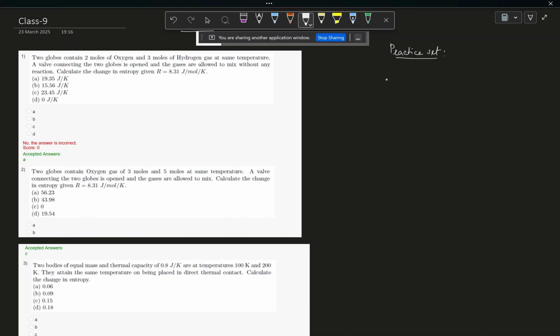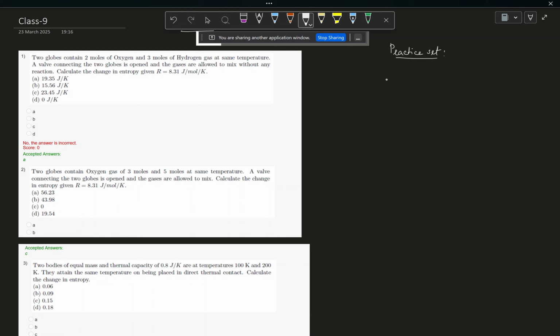As we can see, question number 1 is basically based on two ideal gases, which in this case are oxygen and hydrogen. Initially they are contained in two different containers at the same temperature, but with different mole numbers and different gases. When the valve that is joining and separating these two containers is opened, the gases are allowed to mix without any reaction.